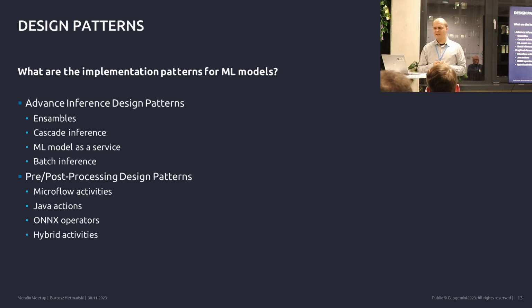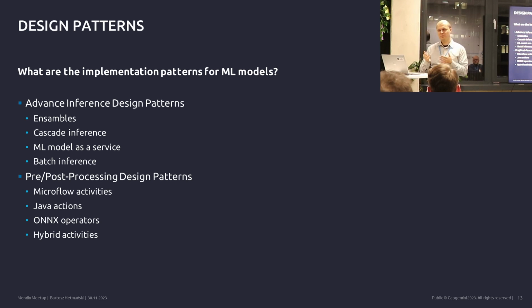You can also use ONNX operators for your pre and post processing. This encapsulates your model into new, or additional, processing that will be used anyway in your ONNX model.